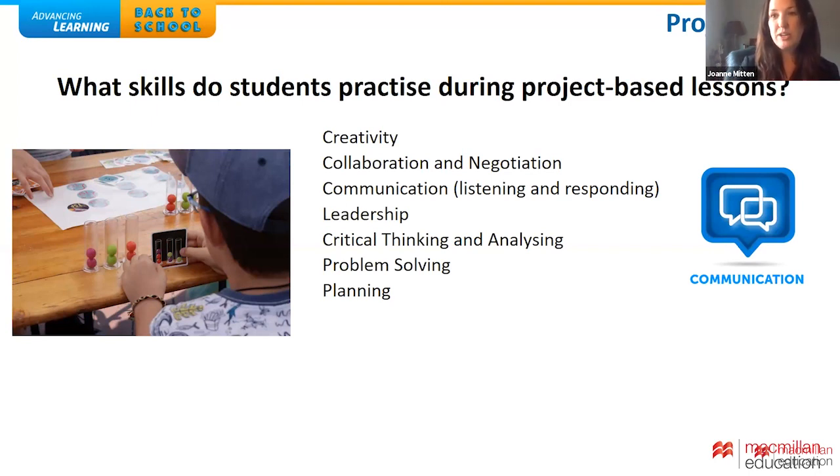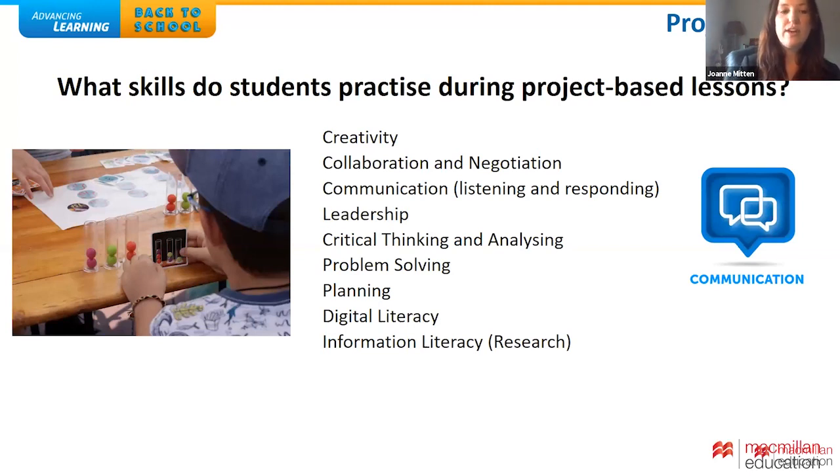Planning is something that you can absolutely assess from beginning to end in project work. Digital literacy, but also information literacy. So their research, what is the quality of their research? Did they use reliable sources? This can all be assessed.